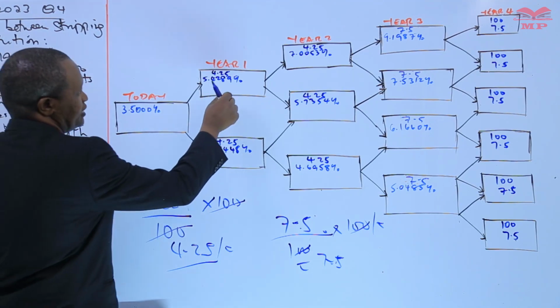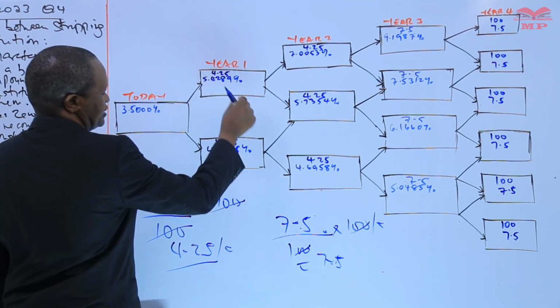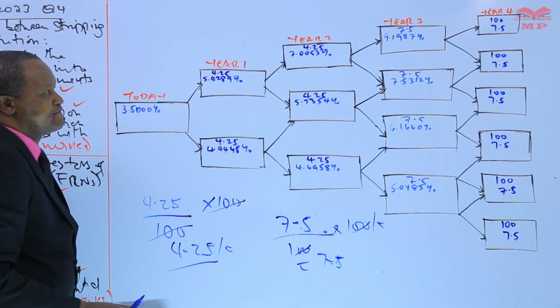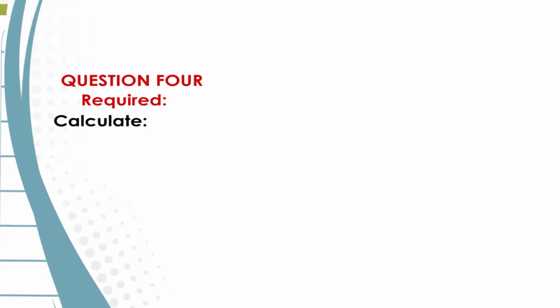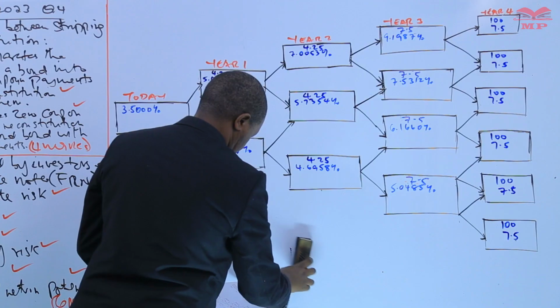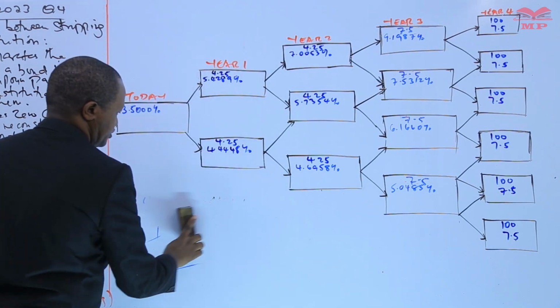We'll be discounting using these factors. These are discounting factors. So the first requirement is to calculate the value of step-up option free bond.